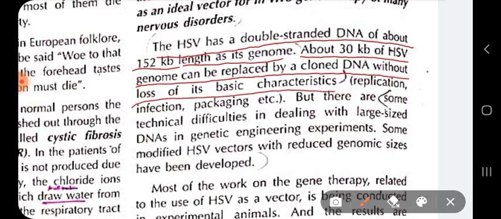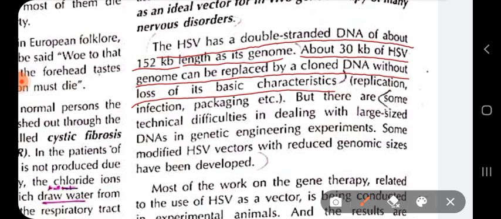So, out of the 152 kb of herpes simplex virus genome, 30 kb can be removed, and in that place we can insert our therapeutic gene along with that cloned DNA, along with that plasmid, without losing the characteristics of that HSV.